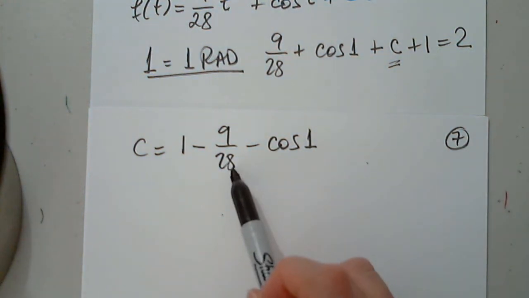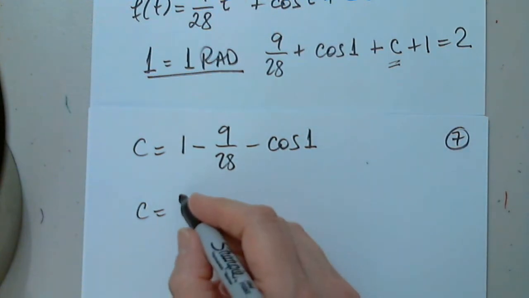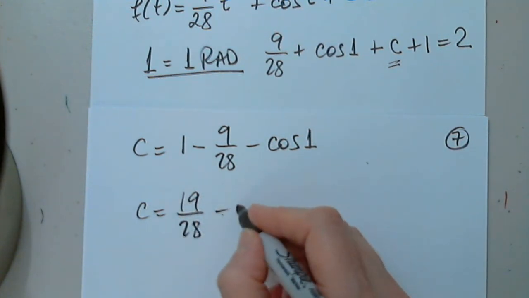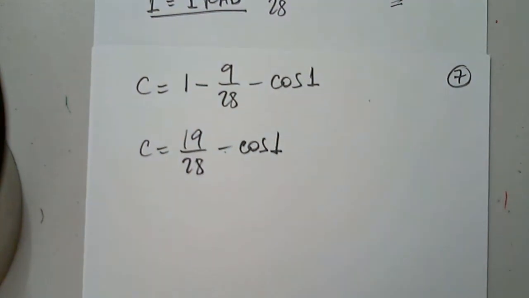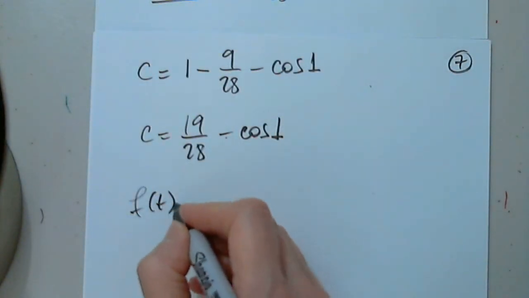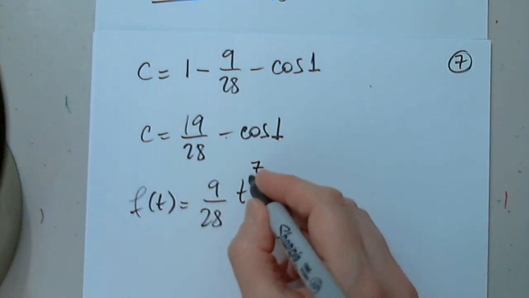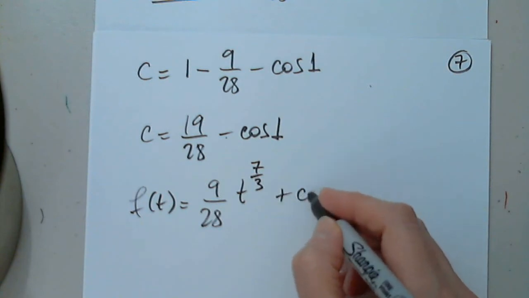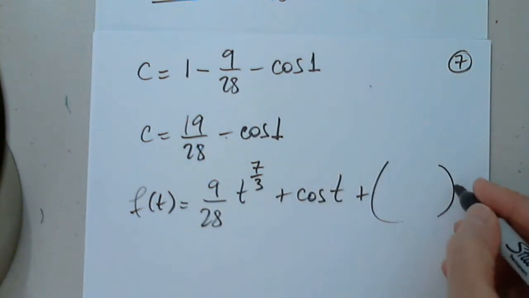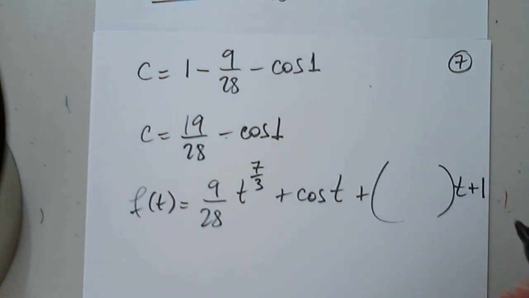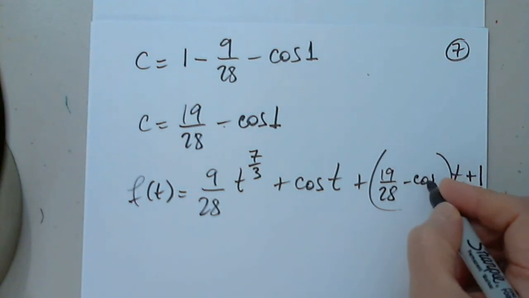So 28 minus 9, so then c equals 19 over 28 minus cosine 1. Finally, the function f of t equals 9 over 28 t to 7/3 plus cosine t plus ct plus 1, and this c is 19 over 28 minus cosine 1.